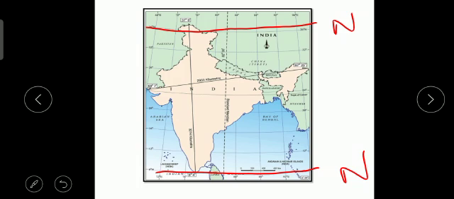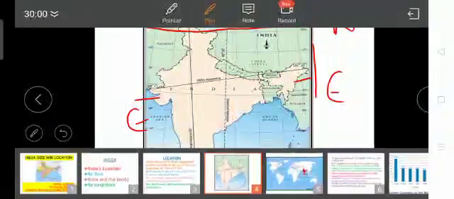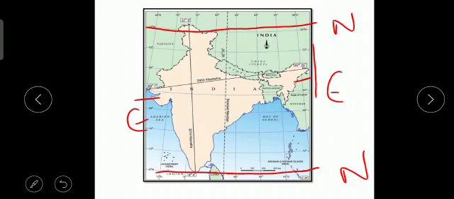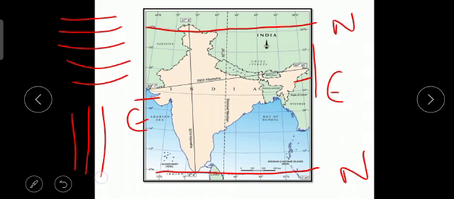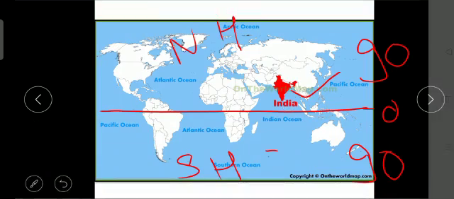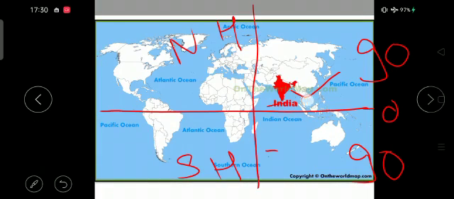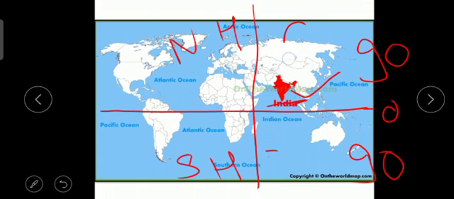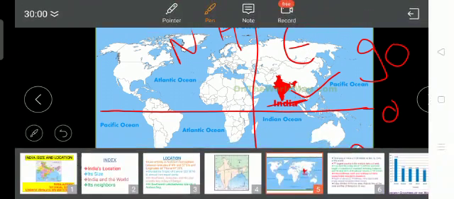And the longitudinal extent is 68 degree 7 minute east to 97 degree 25 minute east. Latitudes are the horizontal lines on the world map and longitudes are the vertical lines. India is on the east side, that is why we use E with the longitudes.